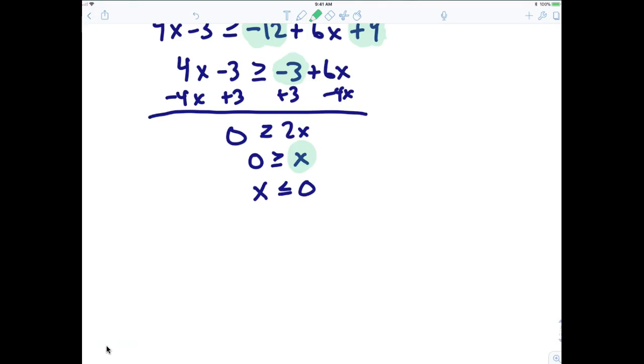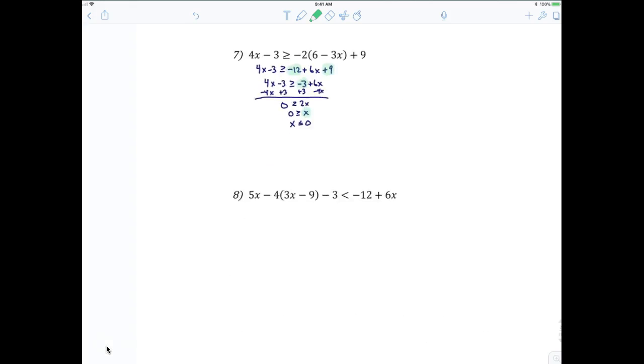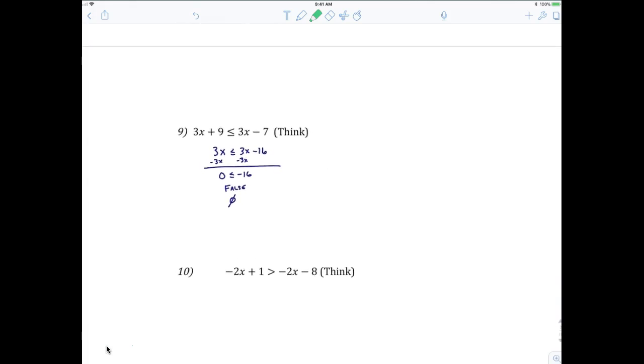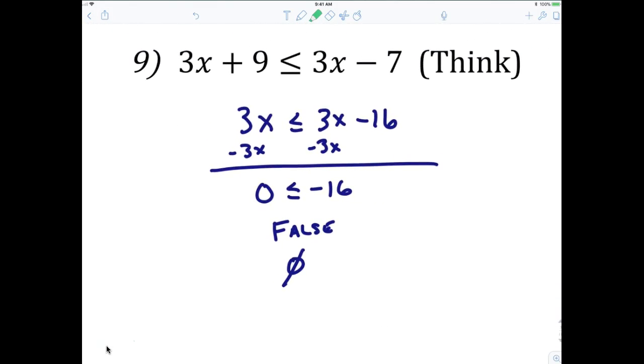That doesn't cancel out. That's 1x. The other one can be 0. You can be greater than 0 or less than 0. You have to have a variable involved. When you get to this question down here, it's false because what happens to the variable itself? It cancels out. Do you agree with that?